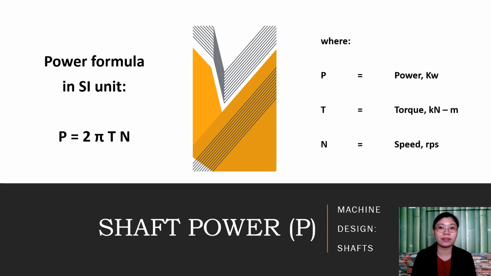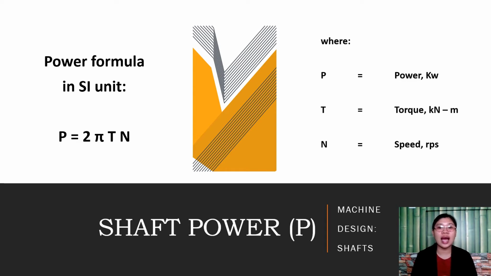We have here P, that is power, which must be in kilowatts. T is torque in kilonewton meter, and then N is speed in RPS or revolutions per second.